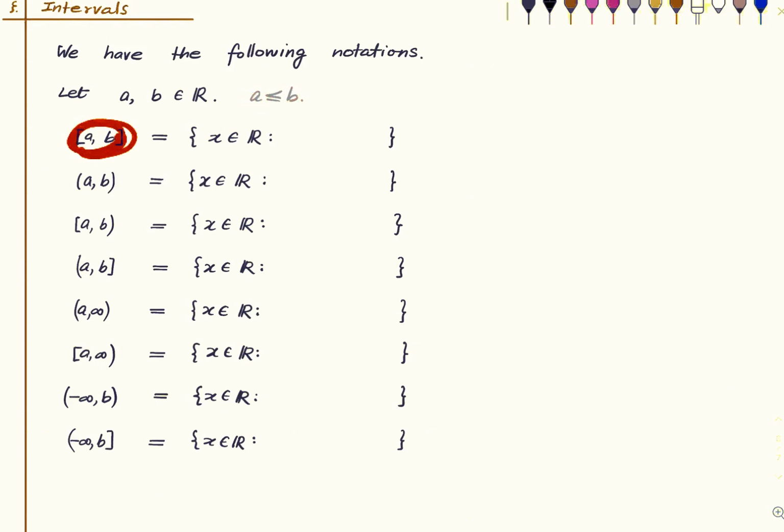So we define this as those real numbers such that this is the case. Similarly, this is defined via this declaration, and I'm sure you know the rest.